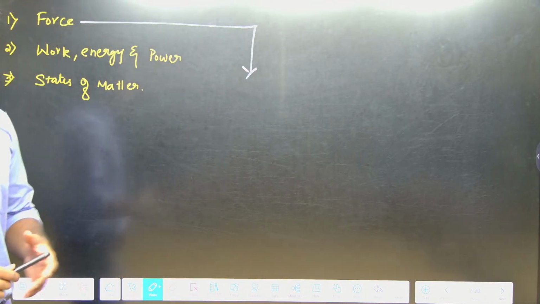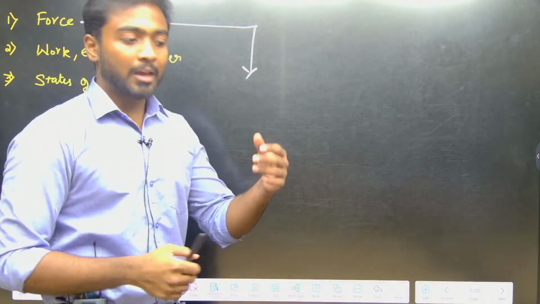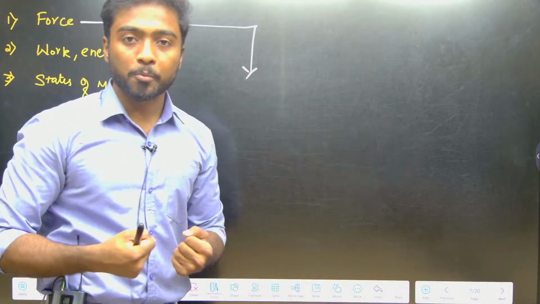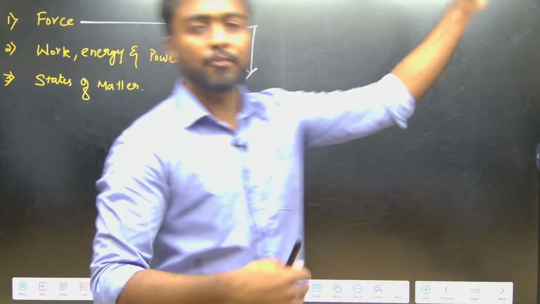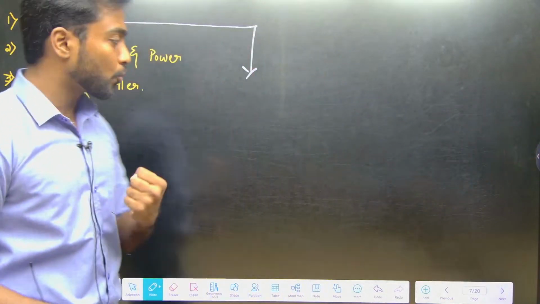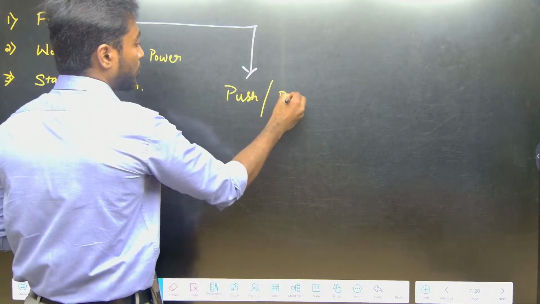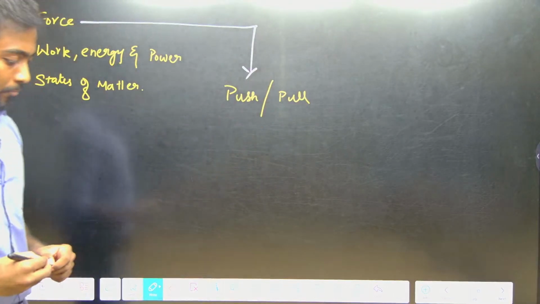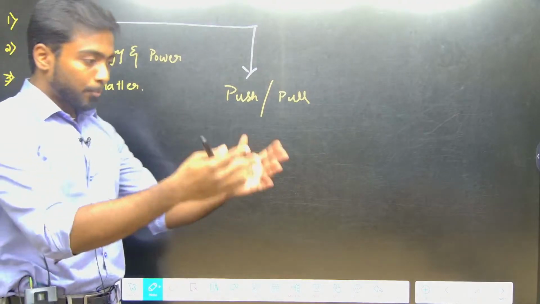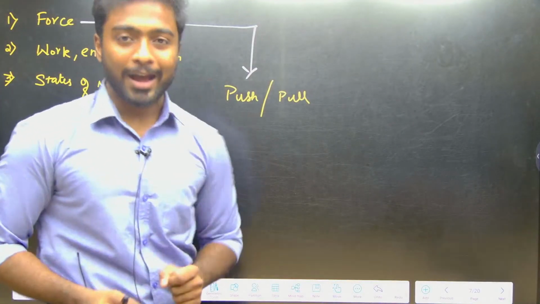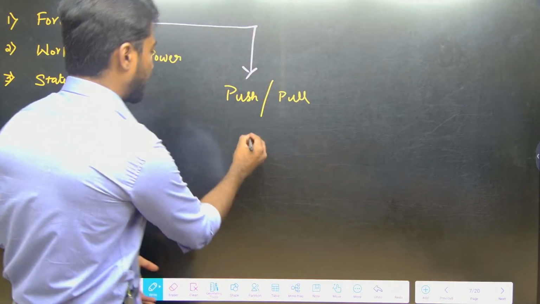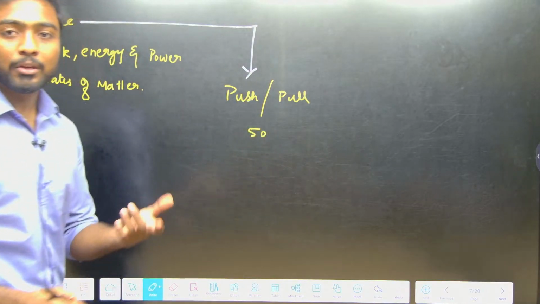What is force? Either I am pushing the object or pulling the object, right? Pushing means it is going away from me, pulling means it is coming near to me. It is either push or pull. If I am pushing or pulling any object, I should have some value. For example, say 50, but what is the unit?